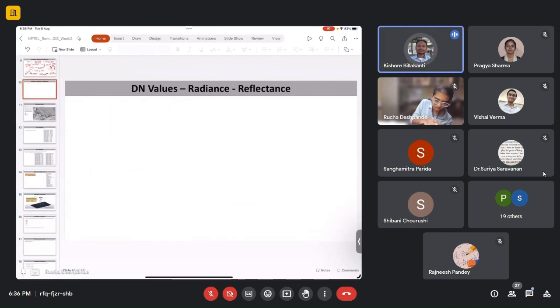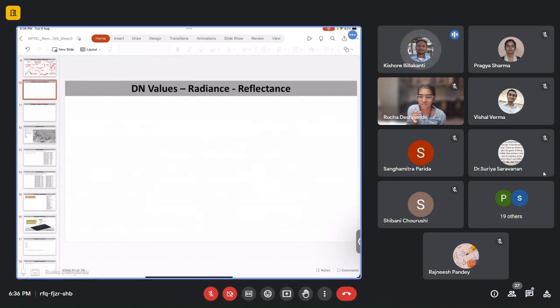One more quick clarification. See, when we say radiance, I understand that the total irradiance we are getting from the source should be equal to the radiance the surface has received, probably deducting the atmospheric attenuation.